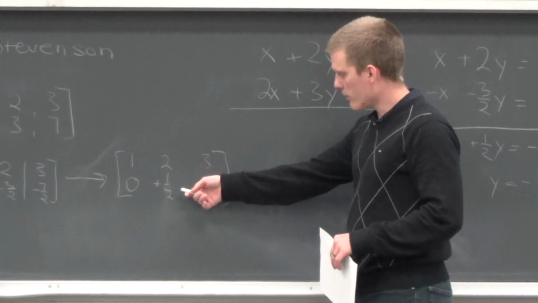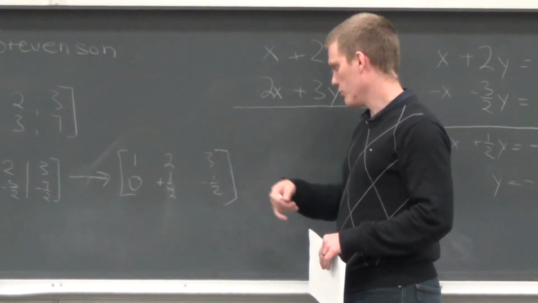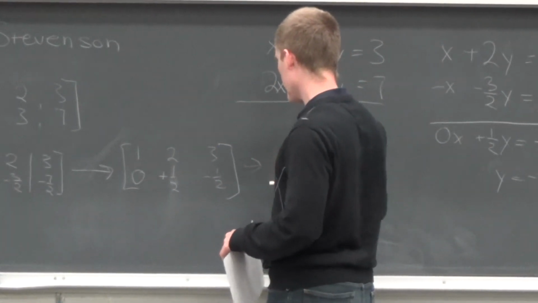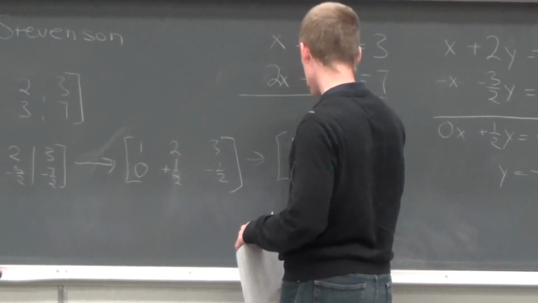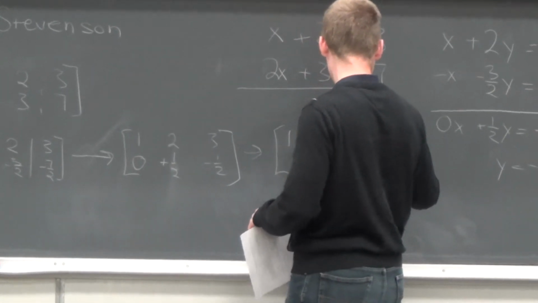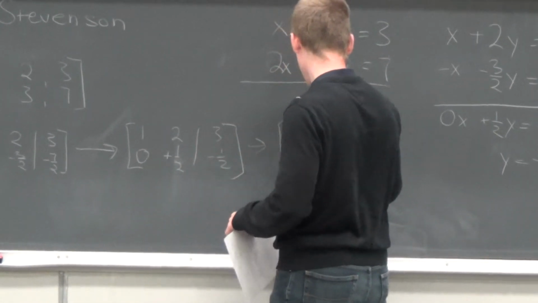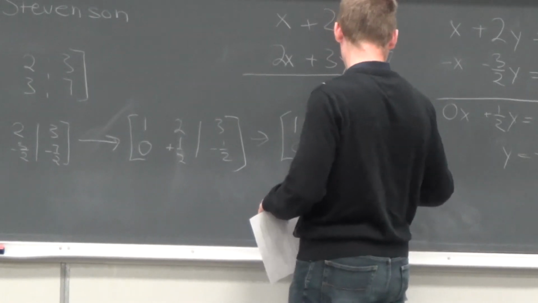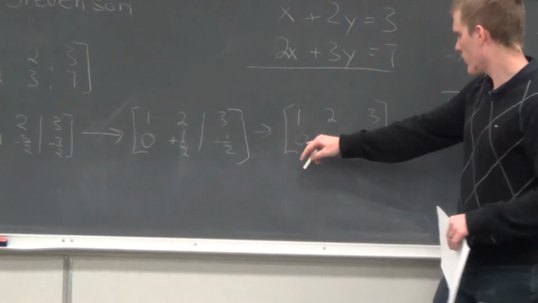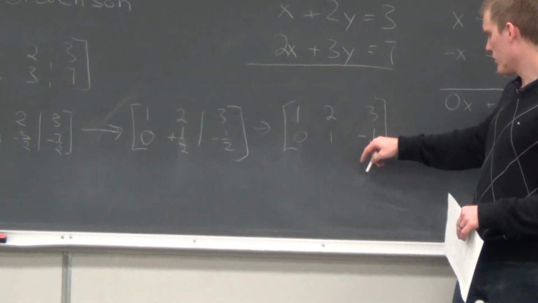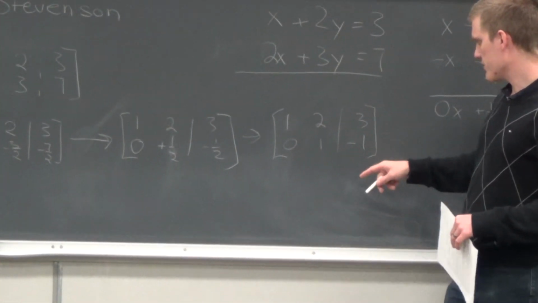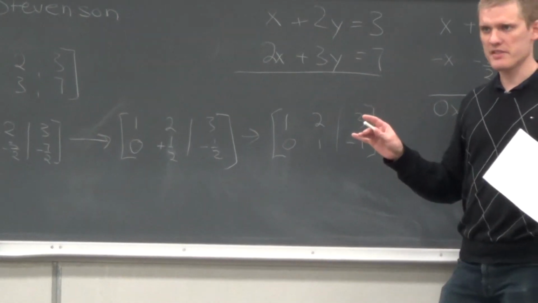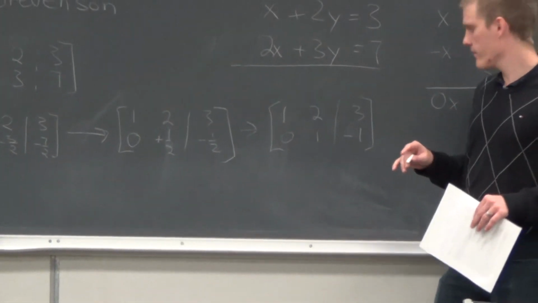So to do that, we multiply it by 2. So multiplying the bottom row by 2 gives us, on the bottom row, a negative 1 over here, as we desired. Does that make sense to everybody? Is everybody following where that's coming from?